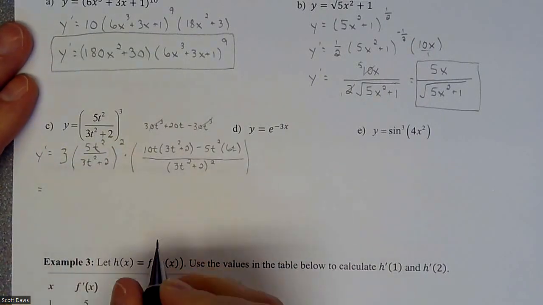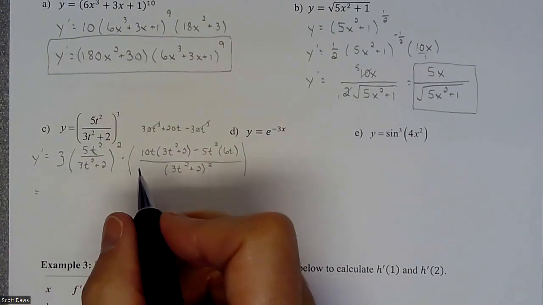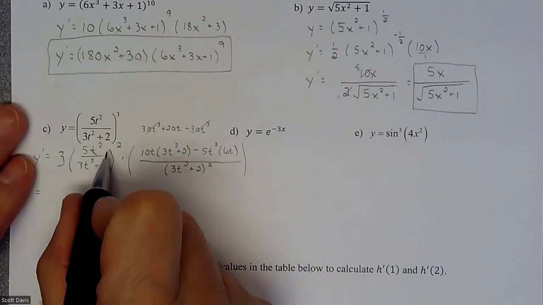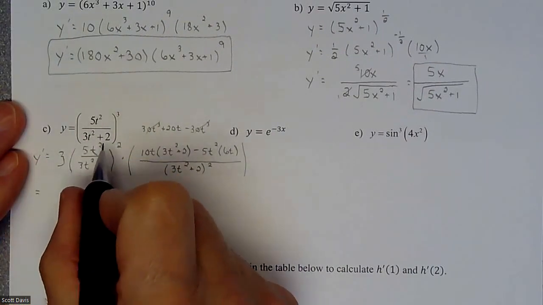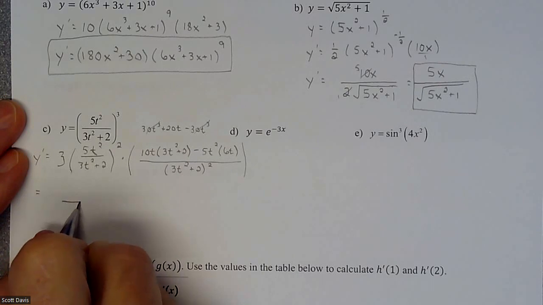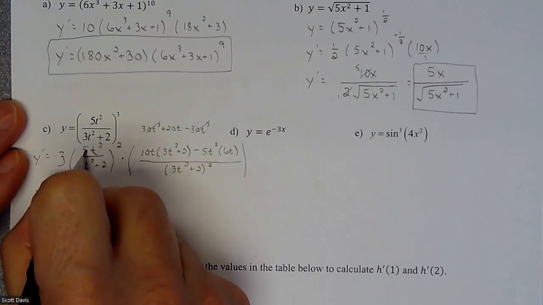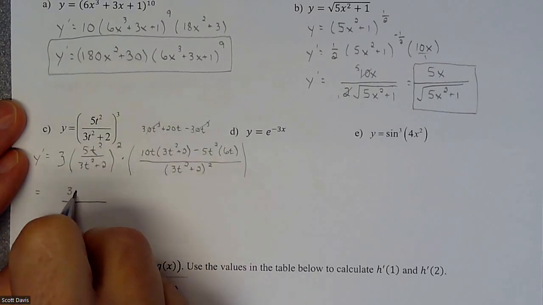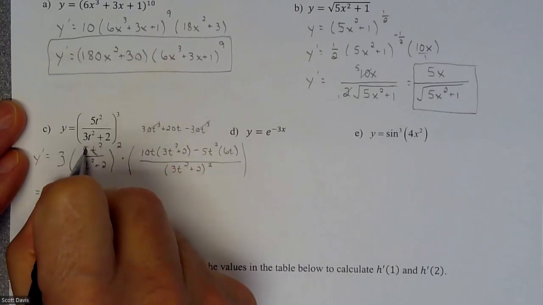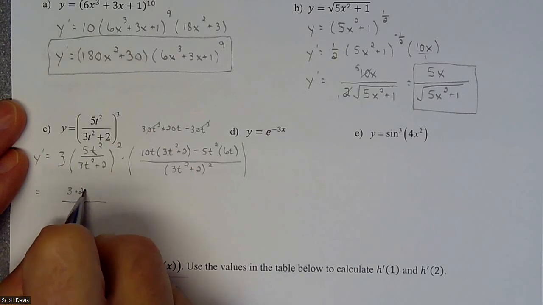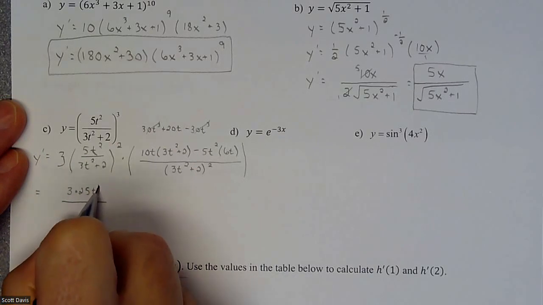All right, so let's try to figure out what we've got going on. We have this fraction, right? If I start to put some of this stuff together, I'm going to have 3 times, and I'm going to be squaring this and squaring this. So that's 25t to the fourth.